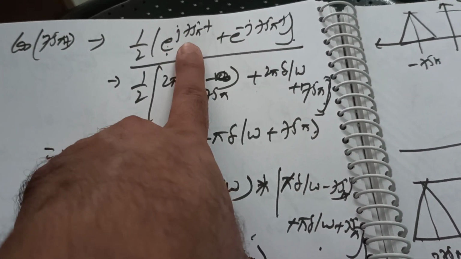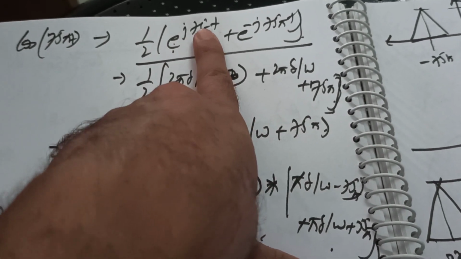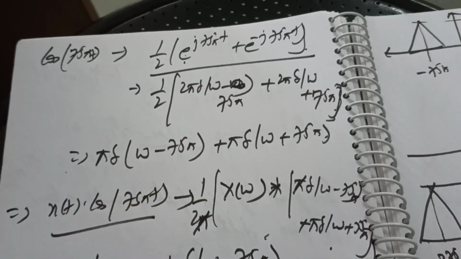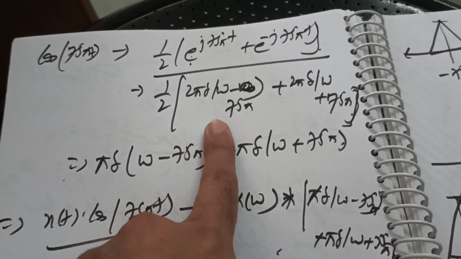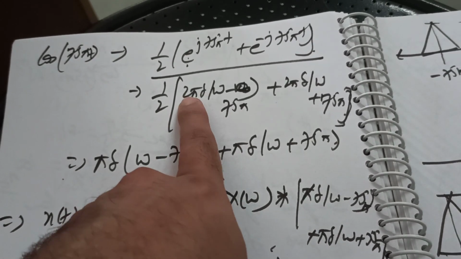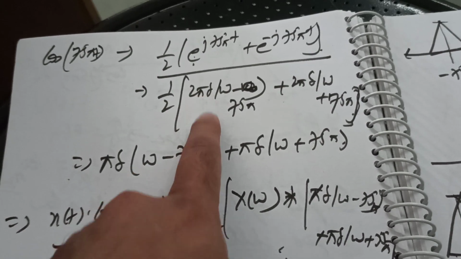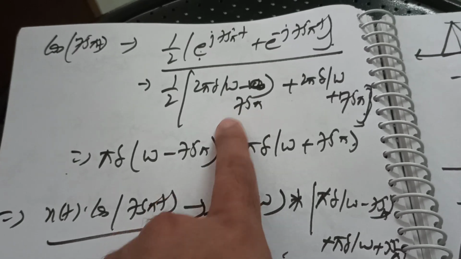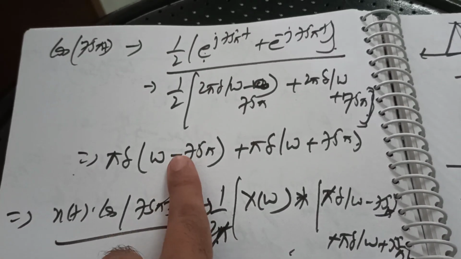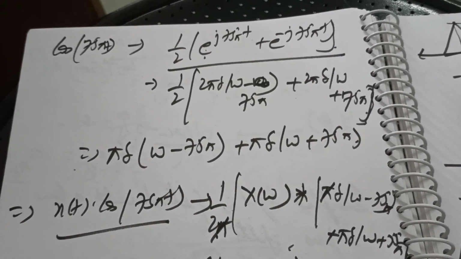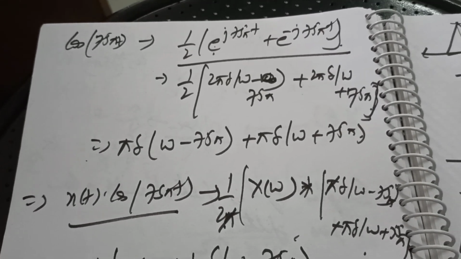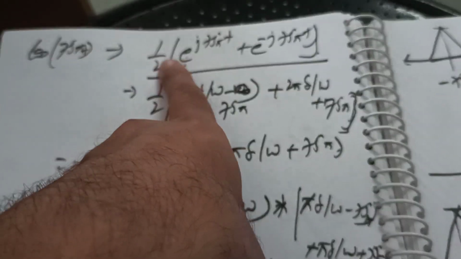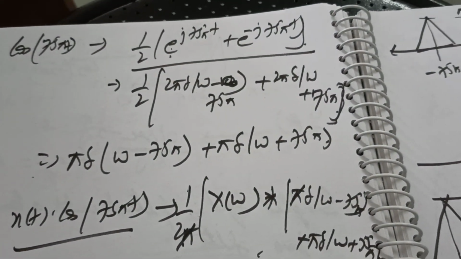There is one other very good way to see this. Delta omega minus 75 pi, what does this represent? It represents an impulse of amplitude 2 pi at the position 75 pi. If you look at the Fourier series expansion, at 75 pi the amplitude should be this. Are you getting it?